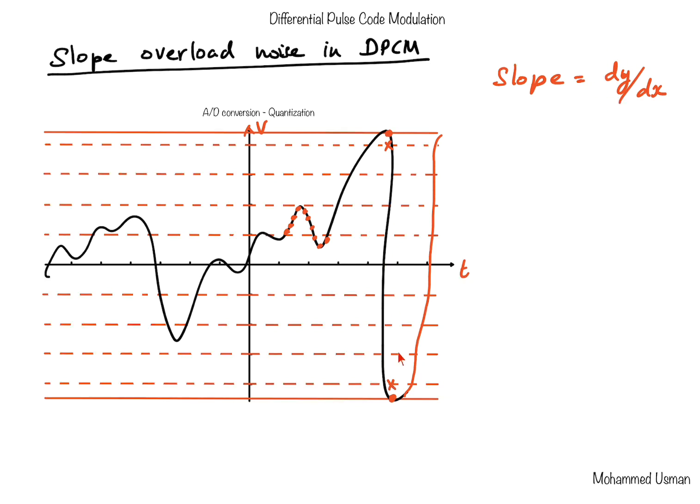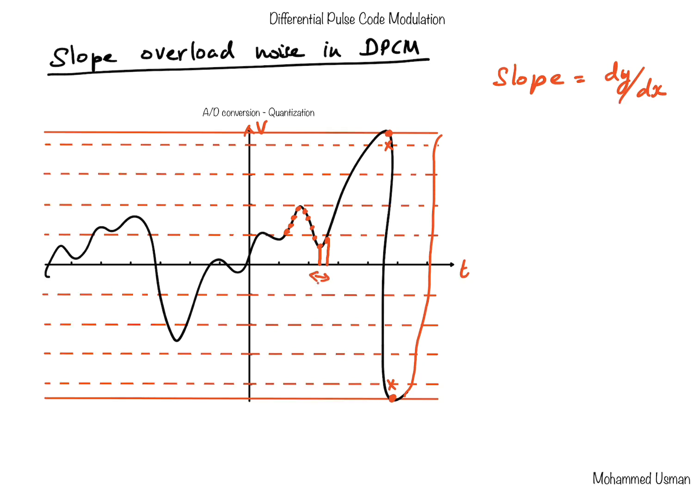So on the y-axis, the maximum step change that can happen is from the highest quantization level to the lowest quantization level. And the step size on the x-axis, in this case, is fixed, which is equal to the sample period. That's the time period between two samples.